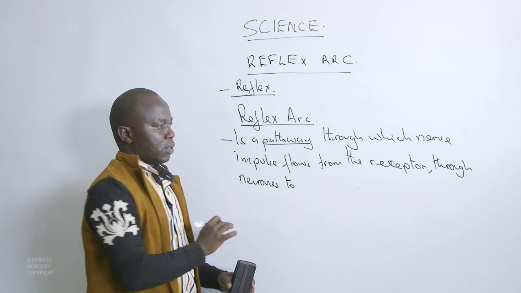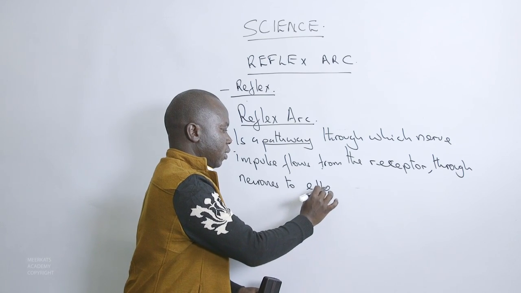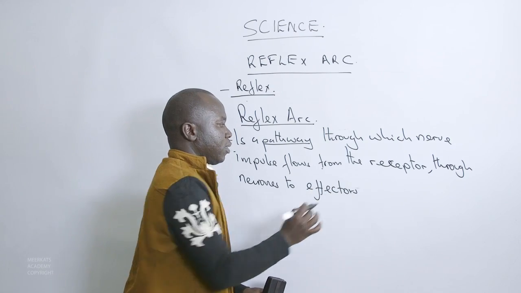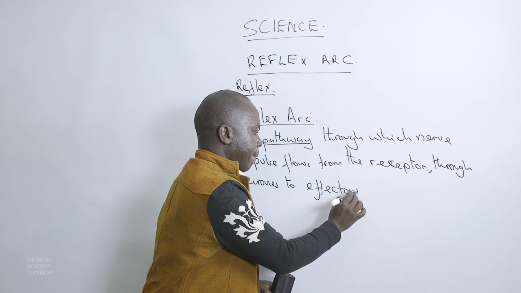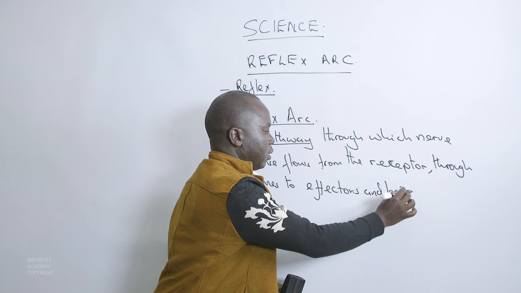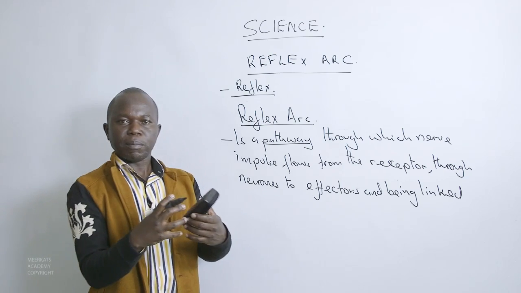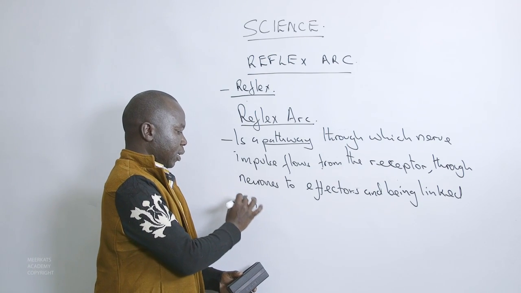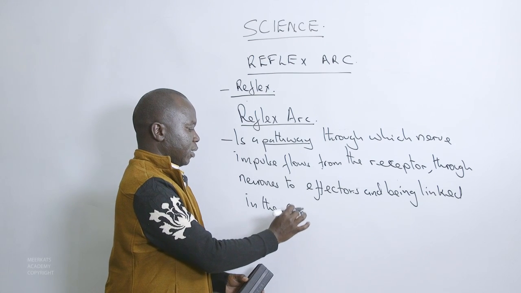It will flow through the neurons to effectors, and being linked. The 3 neurons will be linked in the central nervous system.